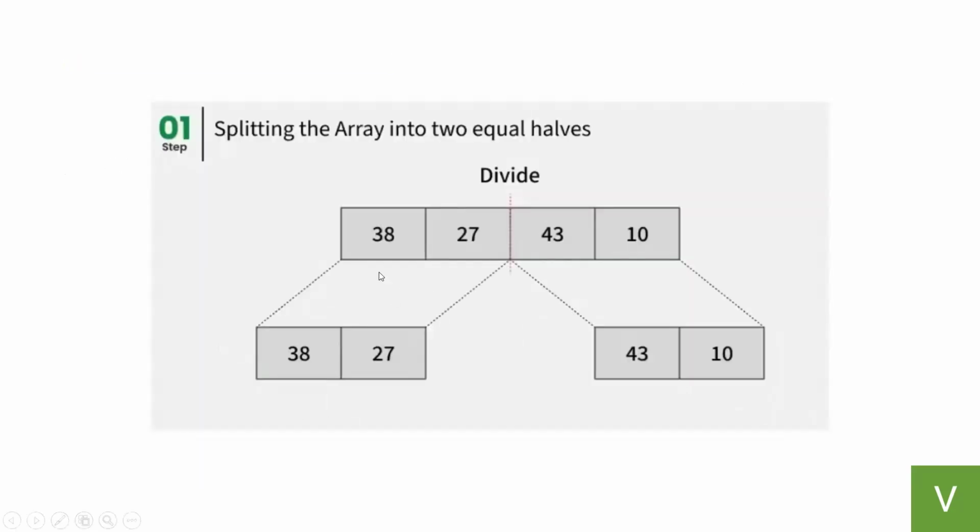Now let us understand clearly with another example. Let us consider another input array consisting of four elements 38, 27, 43 and 10. The first step is to divide the input array into two equal halves. So we have a total of four elements. To divide into two equal halves, we divide 4 by 2, two elements each. So 38 and 27, 43 and 10.